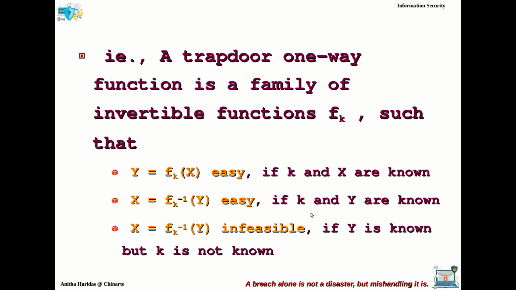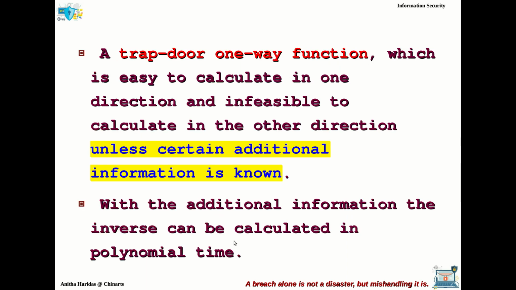And if k and y are known, the inverse is also easy. So this k is the additional information. If you get the additional information, then the inverse can be calculated easily. That is what you call a trapdoor one-way function.